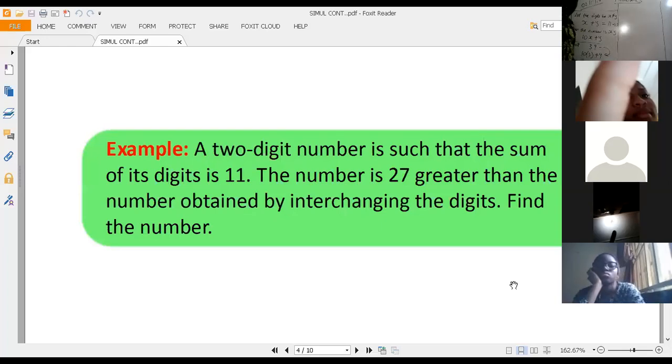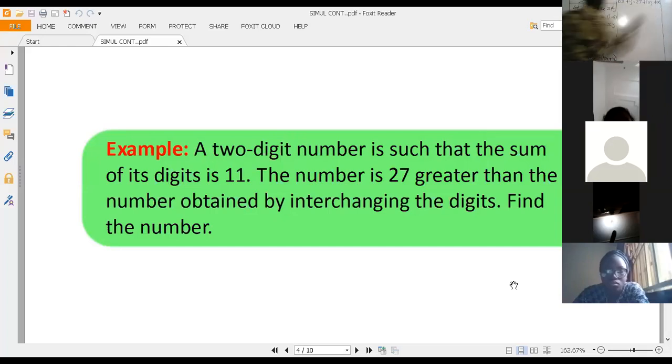So I move to the next point. What do we do? So we have 10x plus y equals 27 plus 10y plus x. Now we need to collect the like terms.